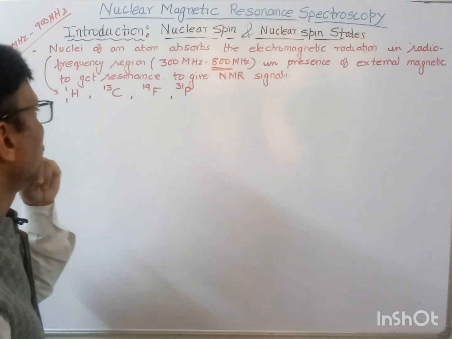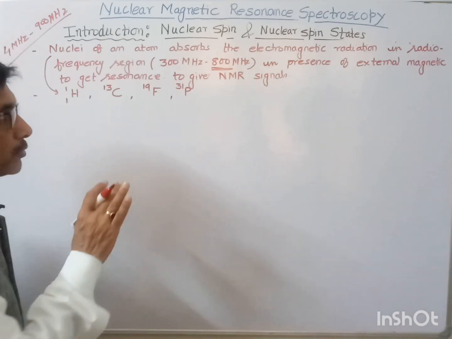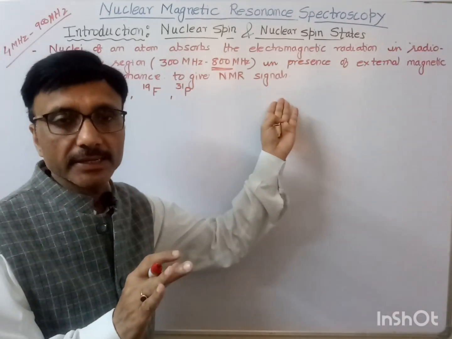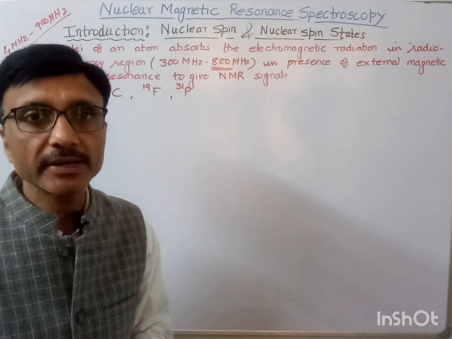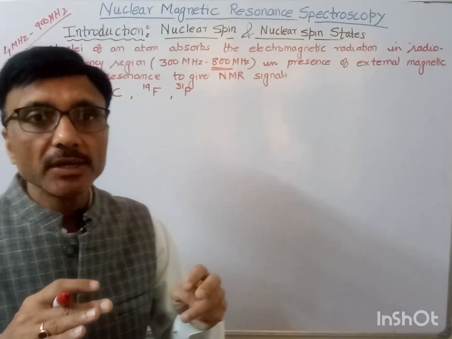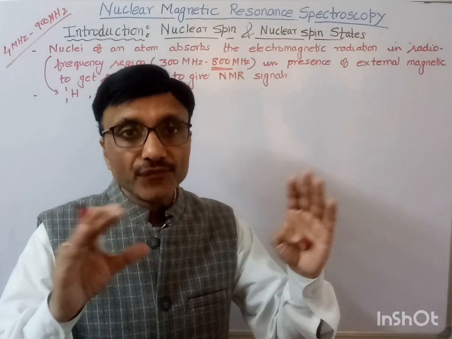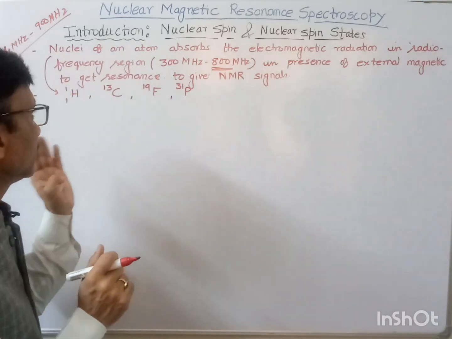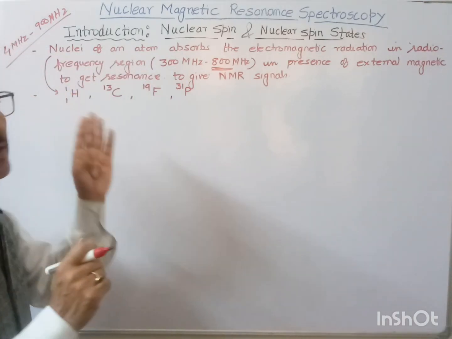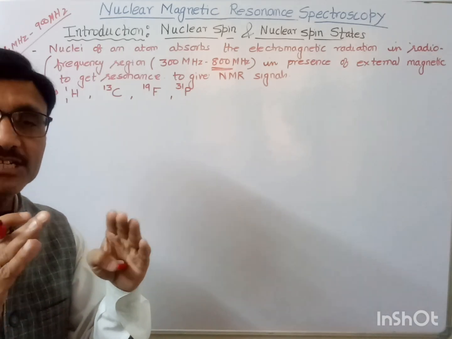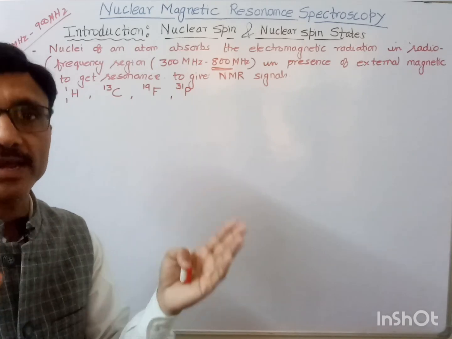Okay, now after absorption, we get the NMR signal. So how many NMR signals can we get? The number of NMR signals is equal to the number of different types of nuclei. Suppose in a molecule there are many protons, and each proton has a different environment.